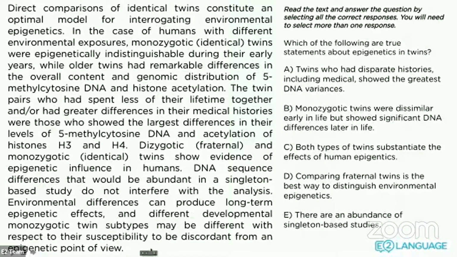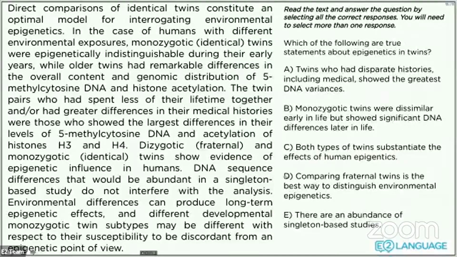Let's go to D. D says comparing fraternal twins is the best way to distinguish environmental epigenetics. This says direct comparisons of identical twins constitute an optimal model for interrogating environmental epigenetics. So there's our statement that we have to read, this first sentence, in fact. This says fraternal twins.